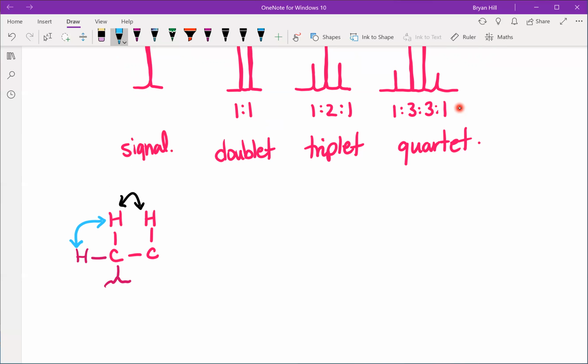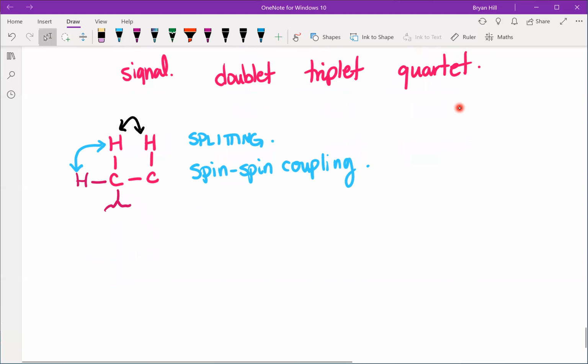And so this is basically called splitting. And this interaction is what we call spin coupling. And we'll see what we mean by that in a second.